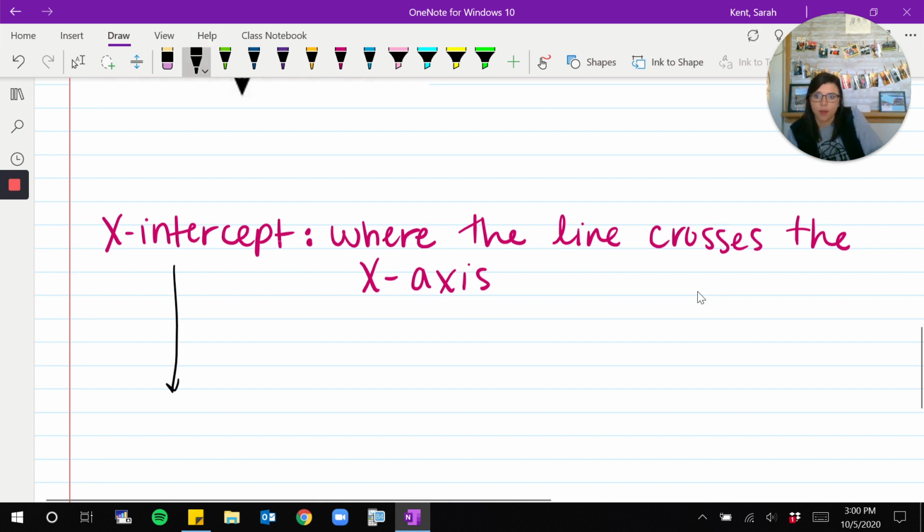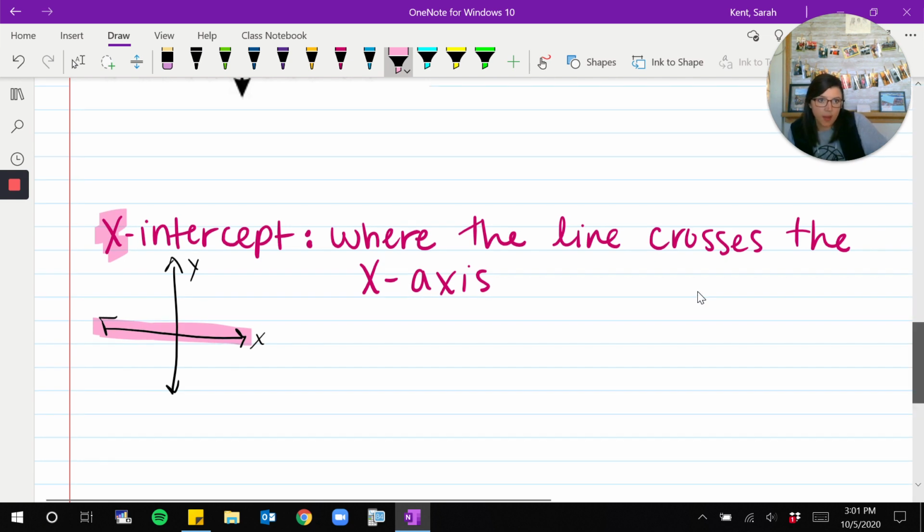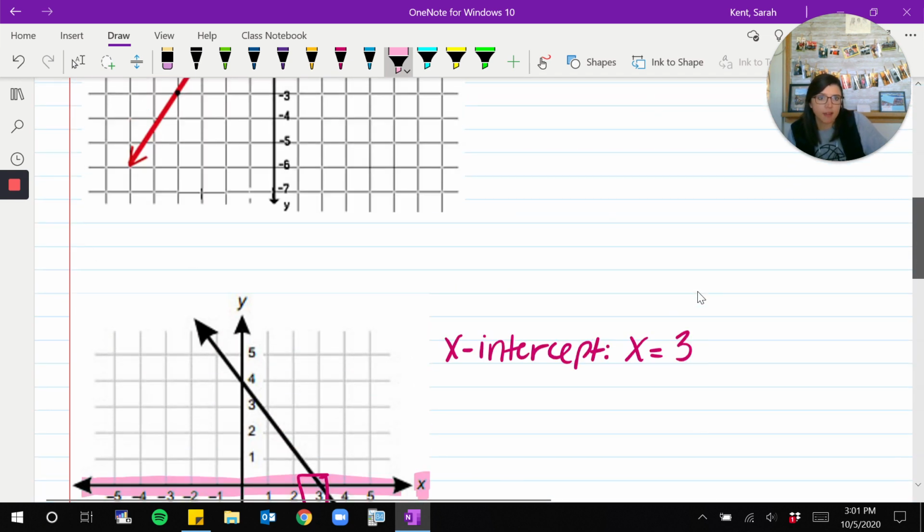So here, if we have our little graph, this is the y-axis, this is the x-axis. We're looking at the x-axis for our x-intercept.